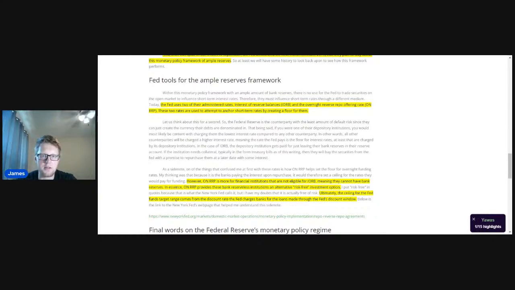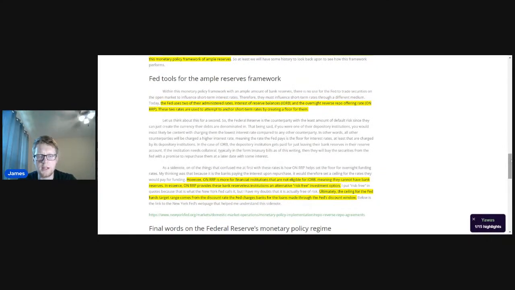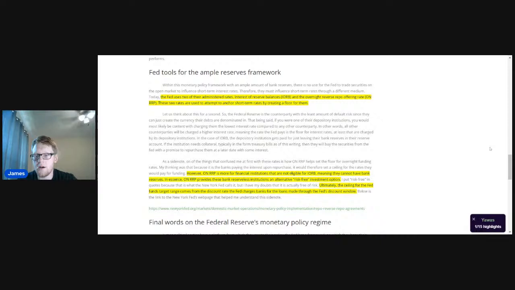That's kind of how they're defining a system with ample reserves, because if the amount of bank reserves fluctuates widely and doesn't influence short-term rates, as defined by the ample policy framework, because there's enough liquidity in the system anyway, then they have to find some other medium to affect short-term rates.